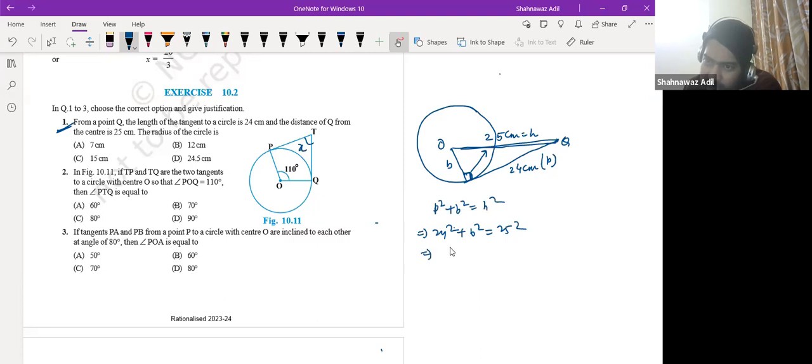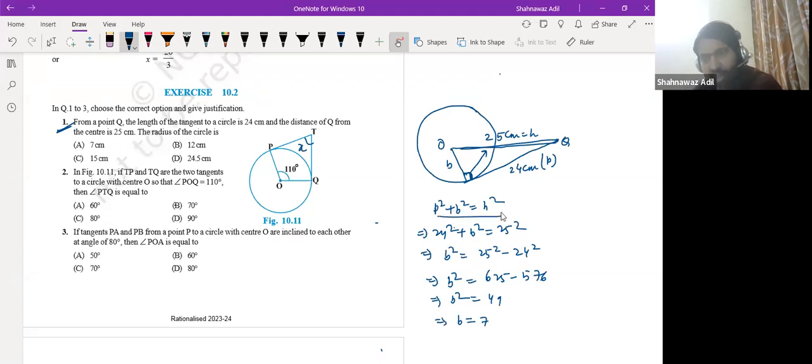So B square was 25 square minus 24 square, which is 625 minus 576, which is 49. So then we got B as 7. We used the Pythagoras here, right? That we have done.